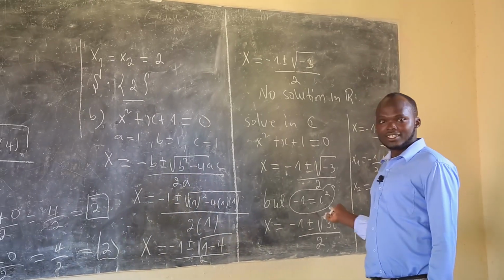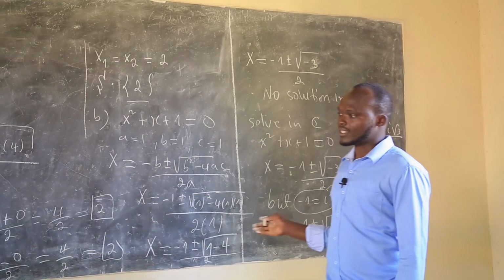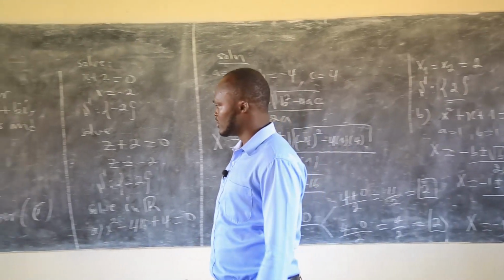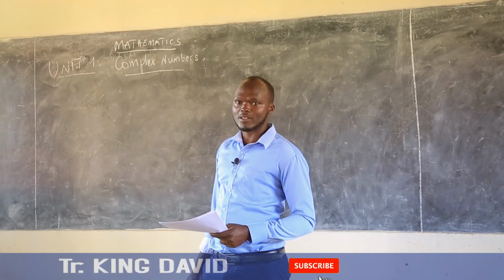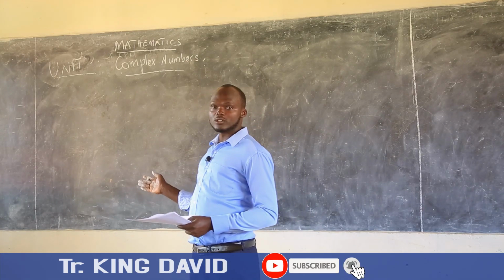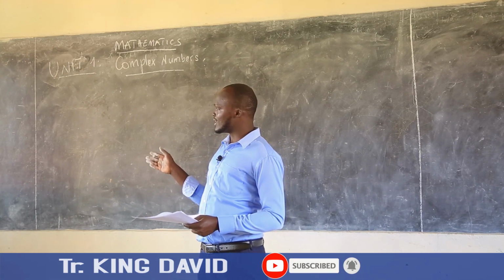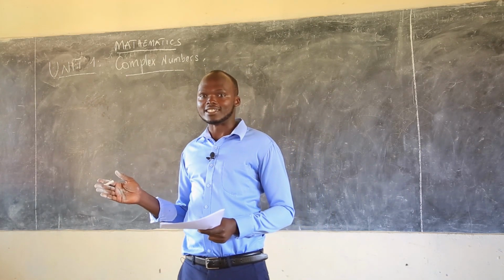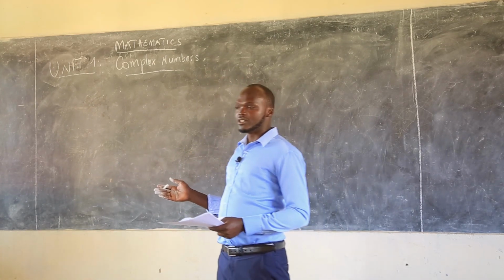So I think you are getting this one. Let us look at other examples about complex numbers. As I told you, the complex numbers are a bigger set than the real numbers.